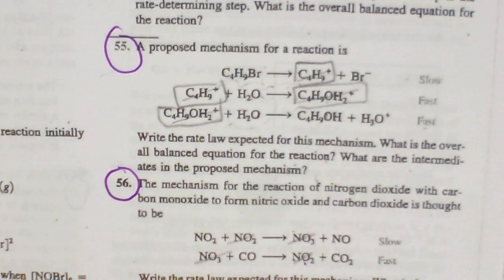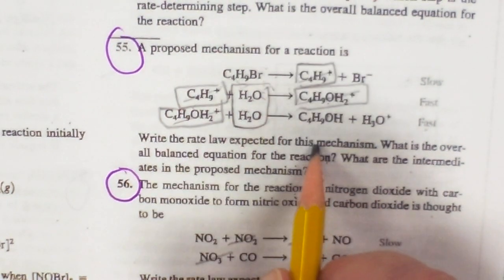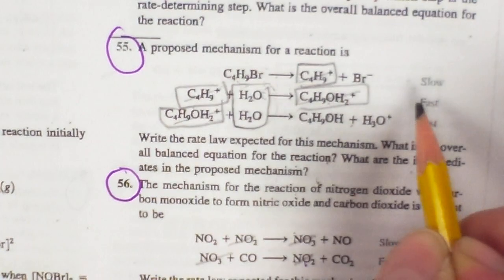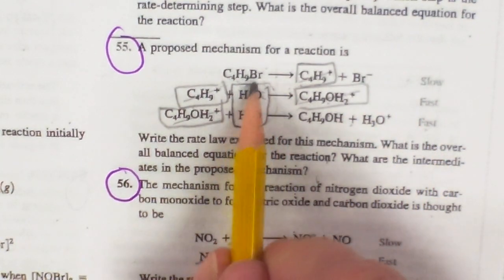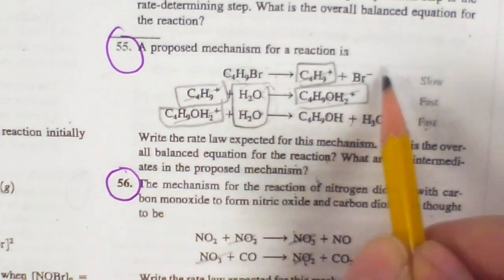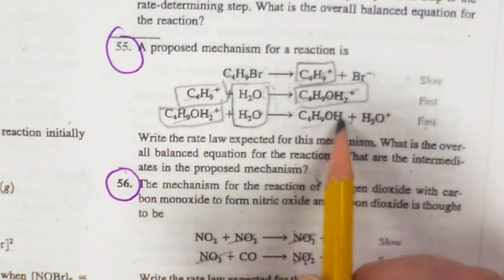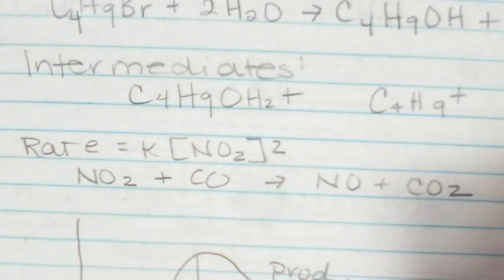So they are not included in my rate. I have 2 of these, right? And then that's all that I can cancel out. So when I do my overall reaction, it's going to be this compound, these 2, yield my bromide, my butanol, and my H3O+. Okay? So there's my overall.